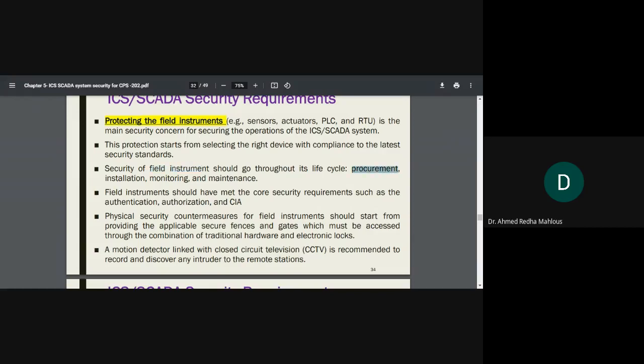When you purchase those devices, you should make sure they are from a well-known company, for instance.